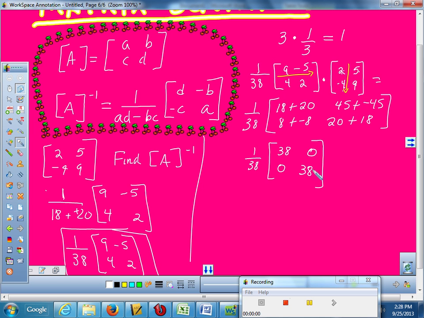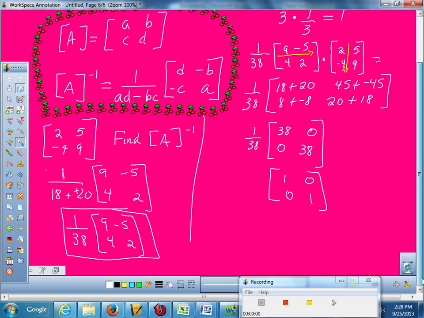Now, what's going to happen if I take this 1/38 out front times every number in there? What do you get when you take 1/38 times 38? 1. And when you take it times 0, you'll get 0. And in the land of matrices, that's the equivalent of 1. When you have 1s down the diagonal and 0s everywhere else, and I'll write this in a bigger form.